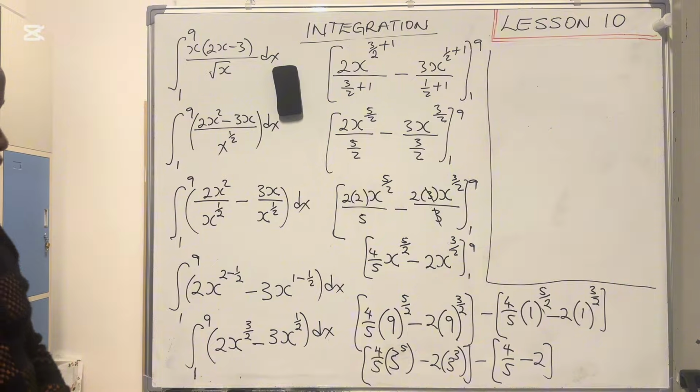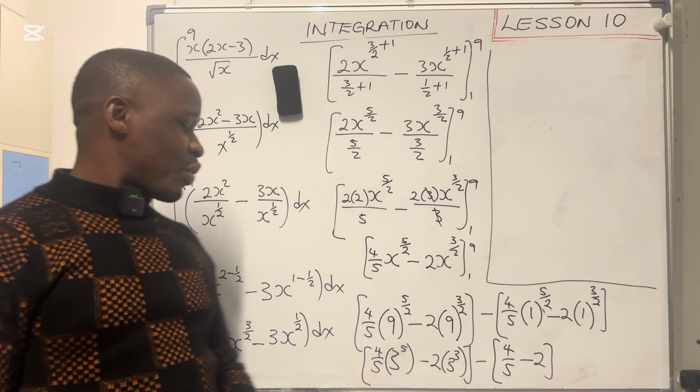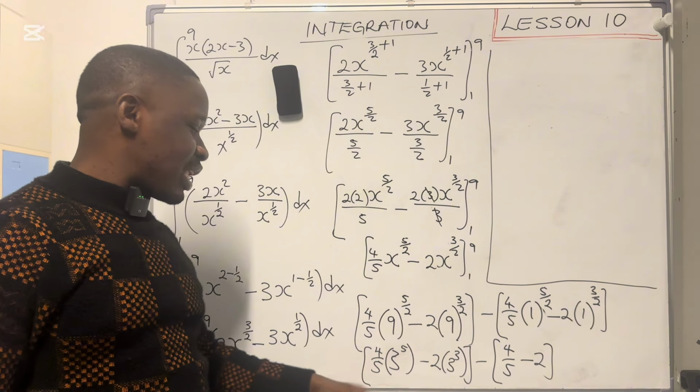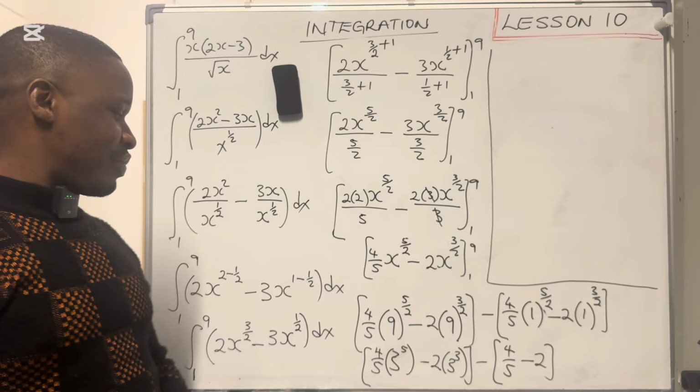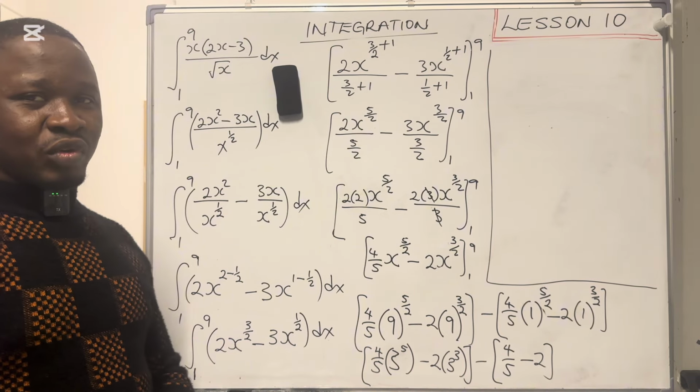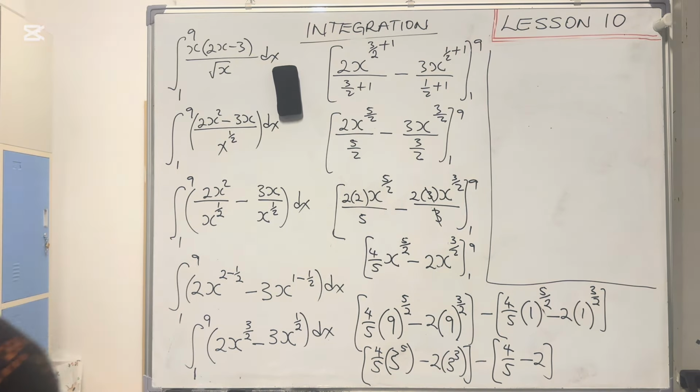If you know you can play with the calculator very well, you can enter everything here in the calculator. Then it will make it easier for you. I hope it is clear.